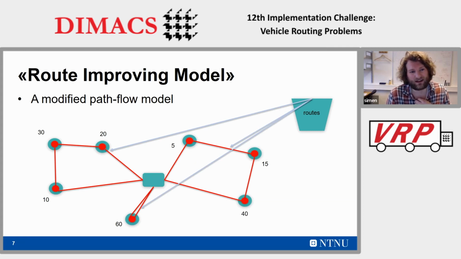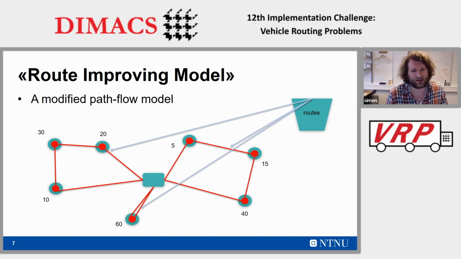But the problem with the path flow model is, say that you almost have the perfect routes. There's just one that's a little bit off from what it should be, and then the model can't find a good solution.